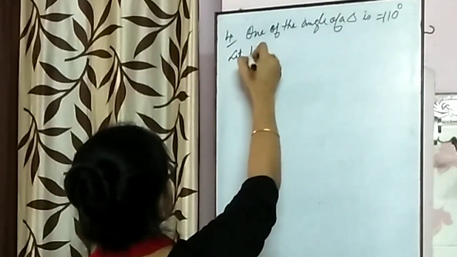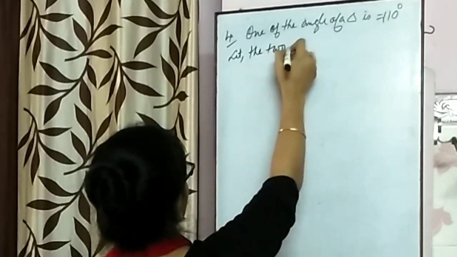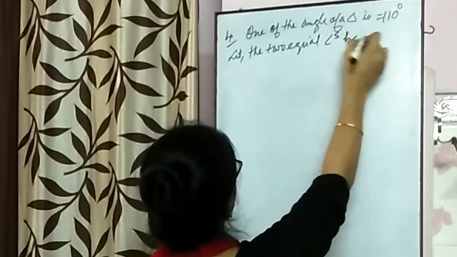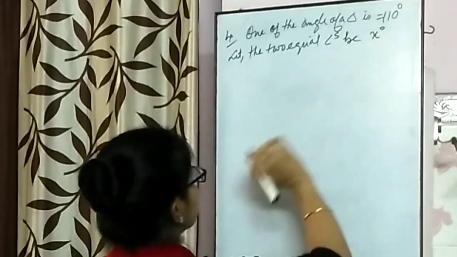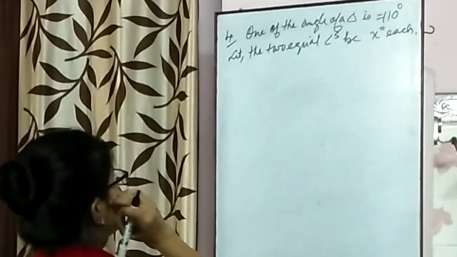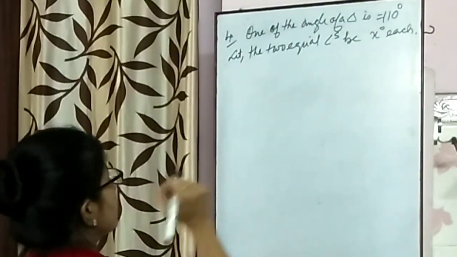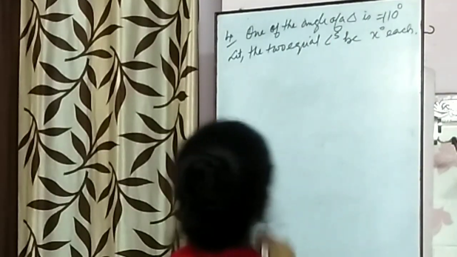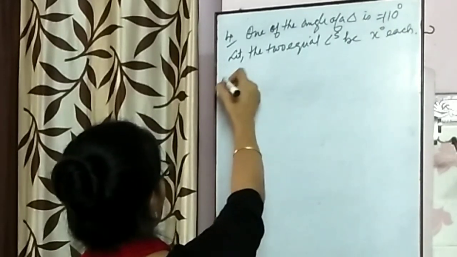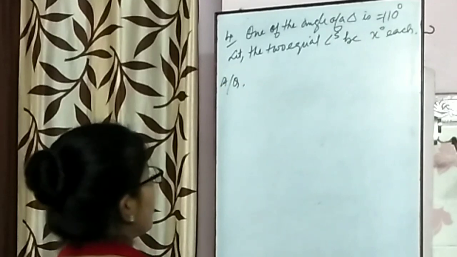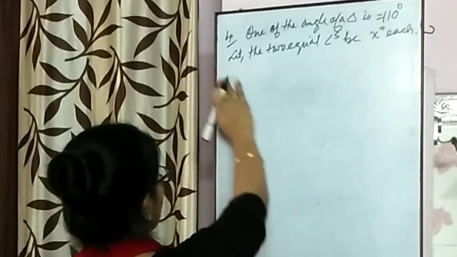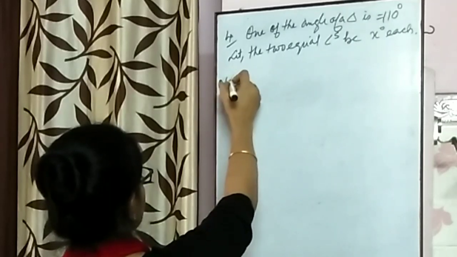Let the two equal angles be x degrees each. According to the question, the sum of the three angles we can write.